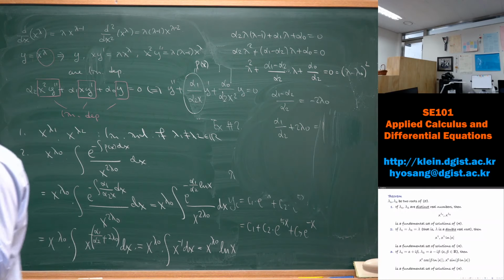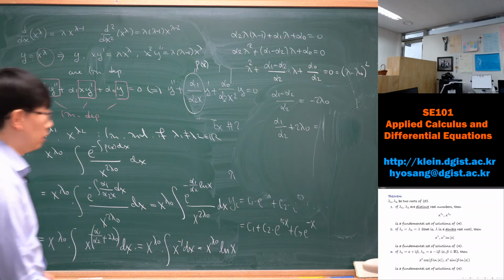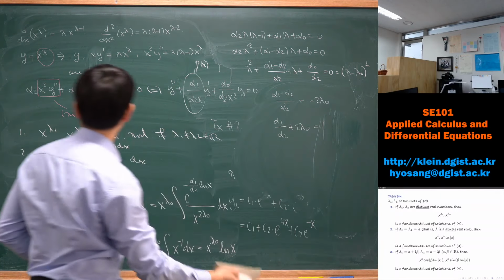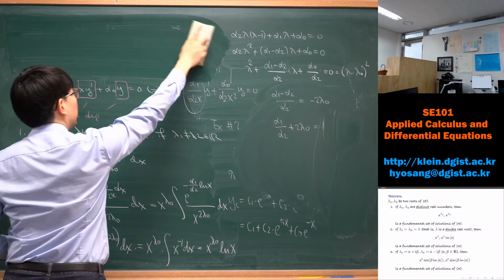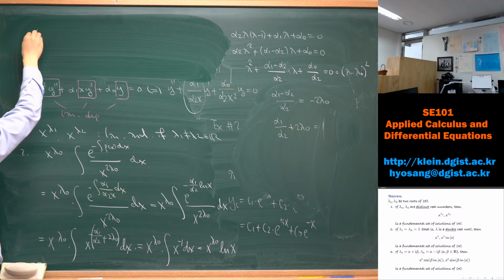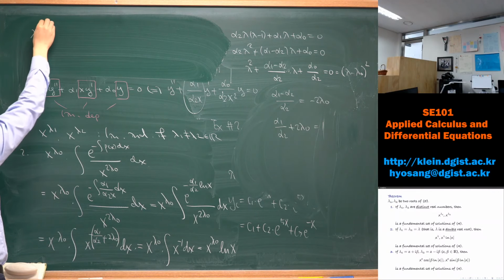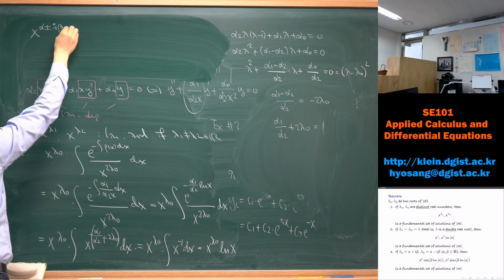And for the third part, it might seem weird, but it simply follows from the definition. So here we have x to the alpha plus or minus i beta.